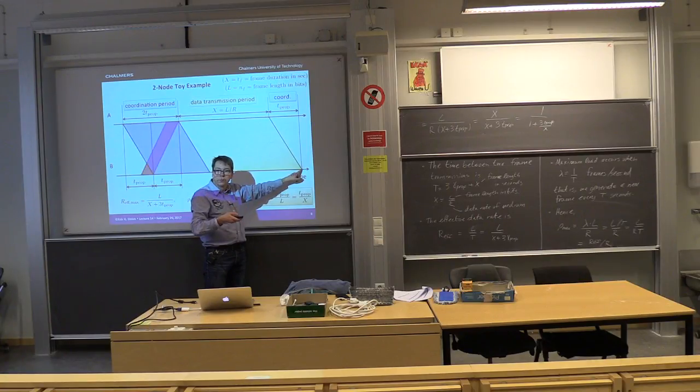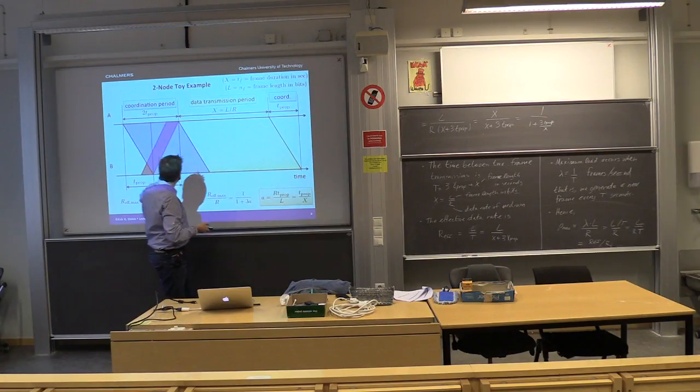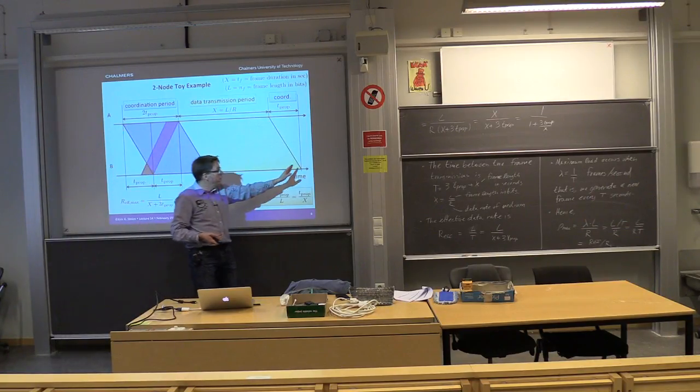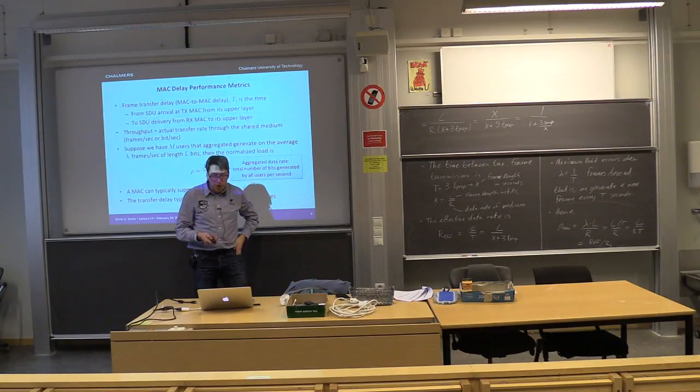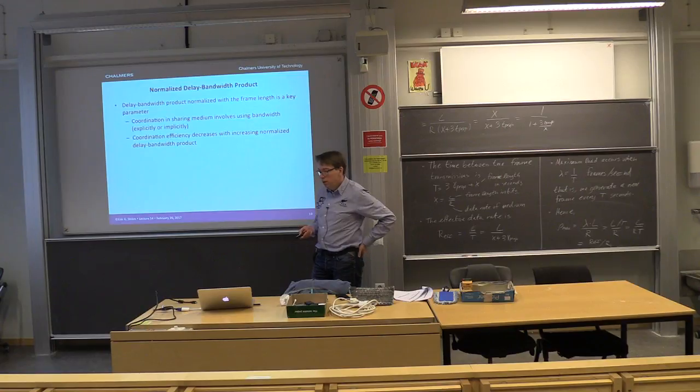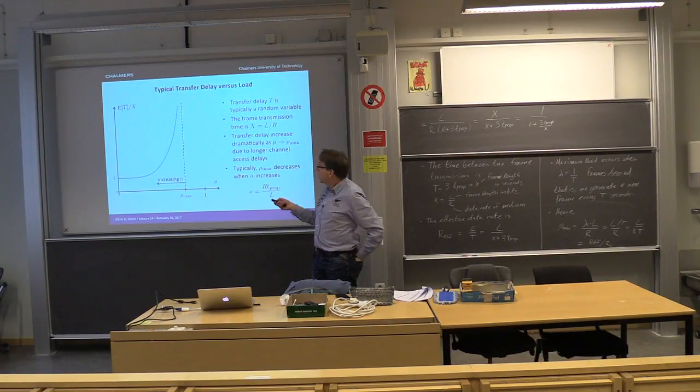Okay. So this is known as the transfer delay, the delay from when it was available to be transmitted until it got delivered. And typically, when we have many nodes that we want to coordinate, the transfer delay here is a random variable.